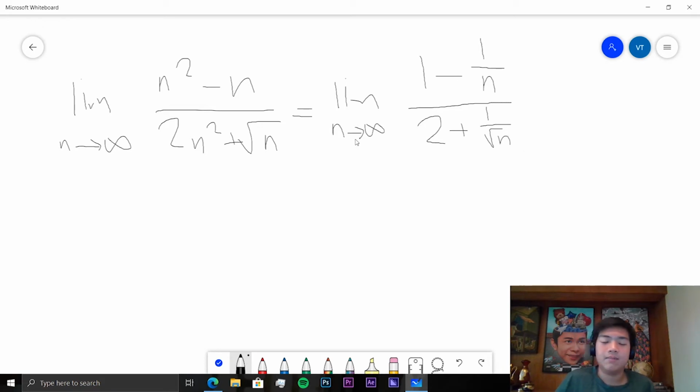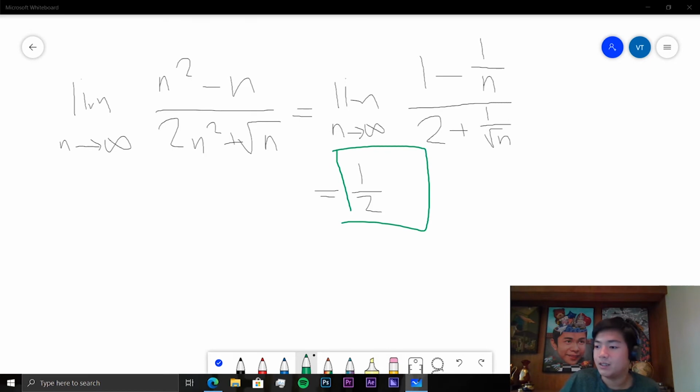And as you can see, as n tends to infinity, this sequence will simply tend to 1/2. So indeed, this sequence should converge to 1/2.